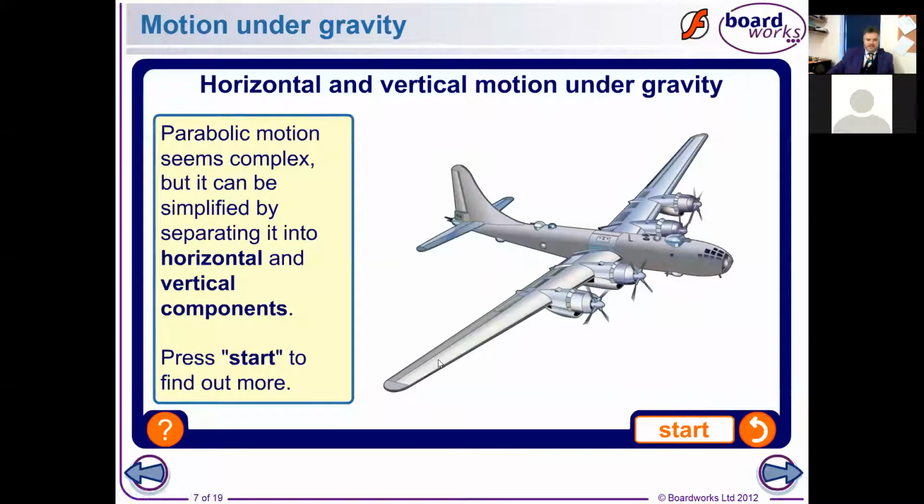So what we do when we're doing calculations on projectile motion is we tend to split the motion into vertical and horizontal components.